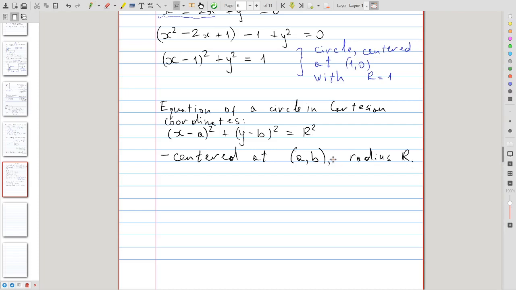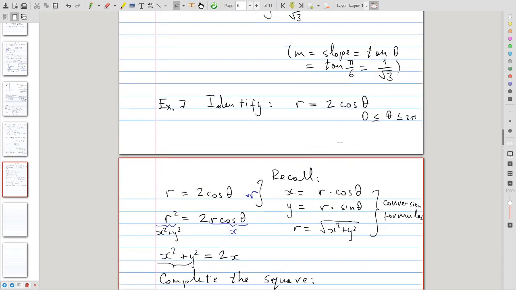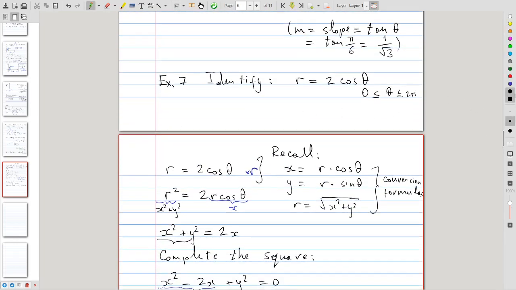Great, and so we conclude that our polar curve over here is the circle of radius 1 centered at 1, 0.